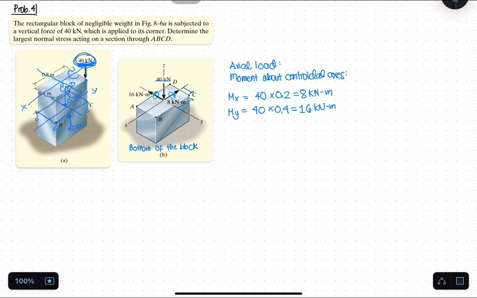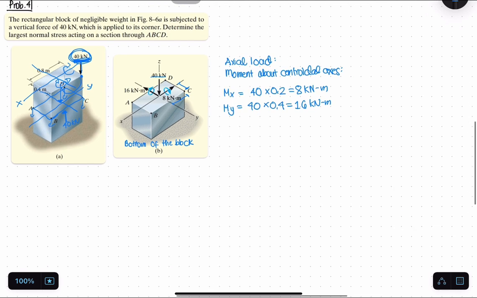So, ang concern natin, the largest normal stress acting on the section through ABCD. So, by superposition principle, we consider the individual stresses due to the individual loadings and then isummation lang natin sila. So, mag-start tayo doon sa due to the 40 kilonewton na load.